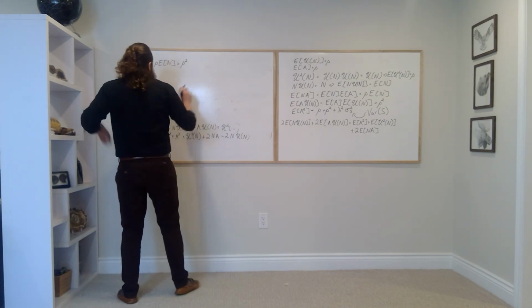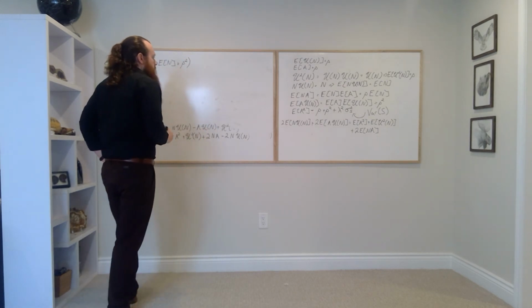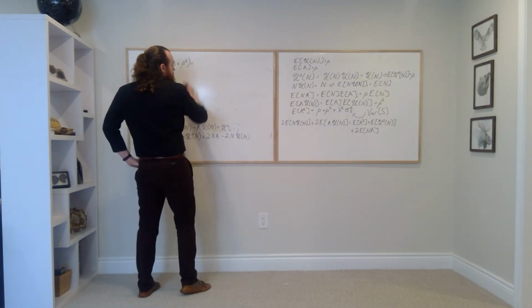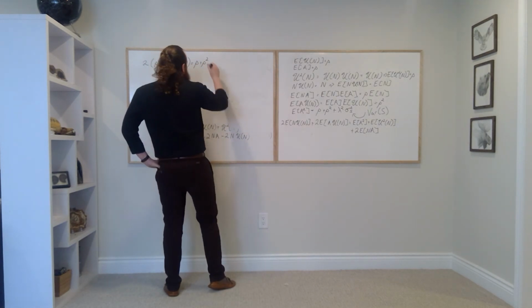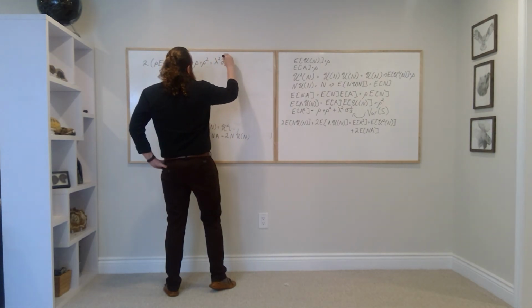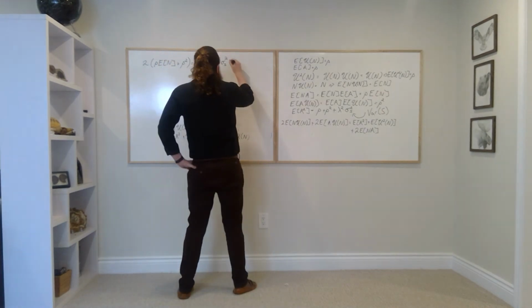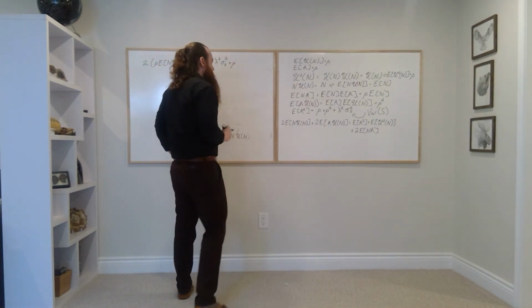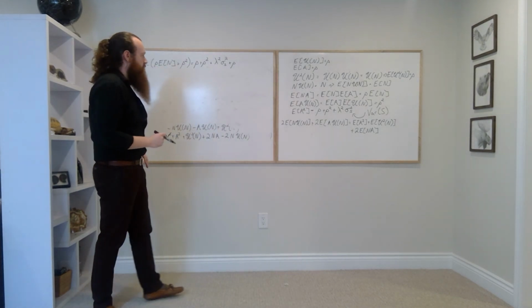I'll write it like that for now. Okay, so this equals, sub this in, rho plus rho squared plus rho. And you start to see we probably cancel some rho terms out.